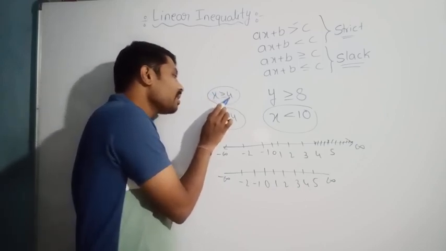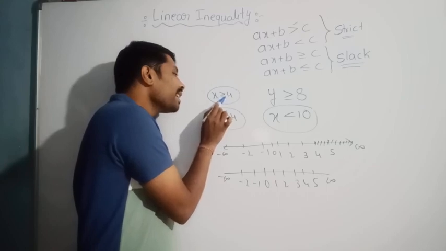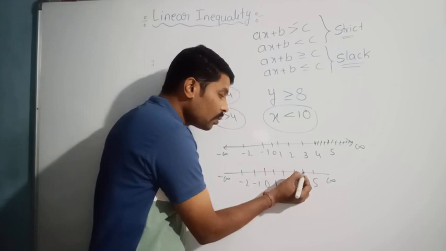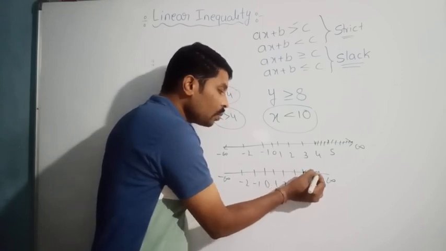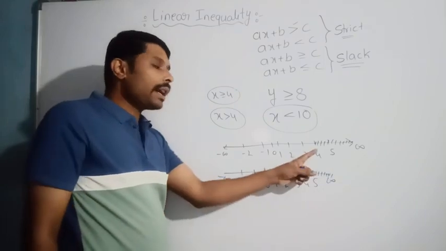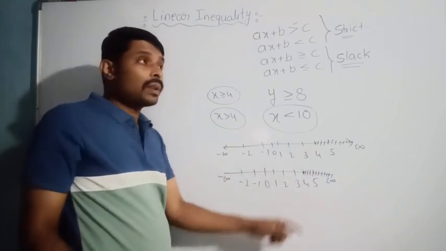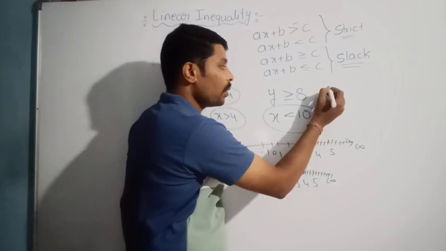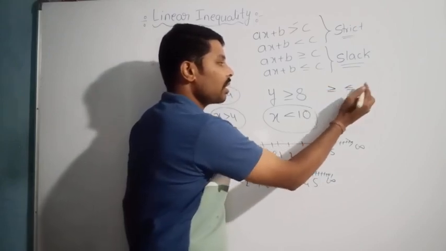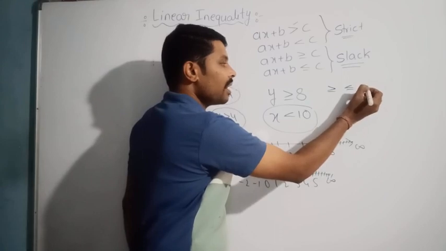Look here carefully. Since equal to is given, 4 is included, including for all the numbers. Here, excluding 4. So mathematically, whenever inclusion will come, this kind of equality will come, we will show it with a dark circle.